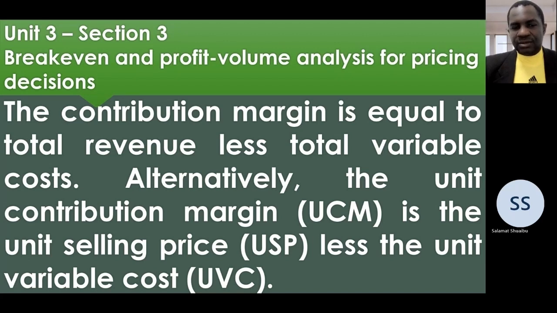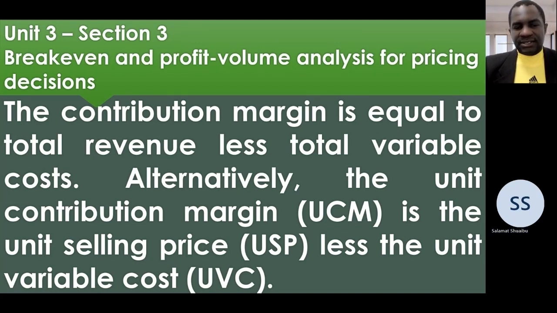Alternatively, contribution margin is looked at as selling price versus variable cost. Why are you not using revenue? Revenue is the sales volume times the price, and that culminates in revenue. But the actual calculation should be selling price minus variable cost.